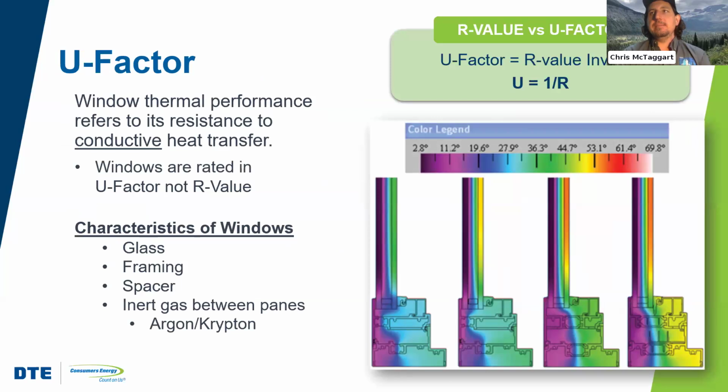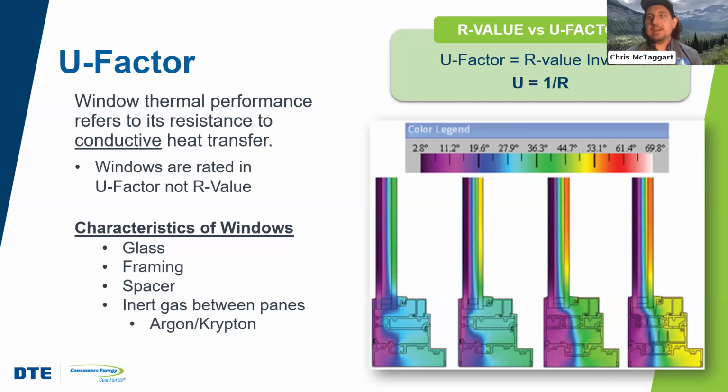That's the first item. Up here in the top right, we can see that U factor is the inverse of the R value. 1 divided by the R value gives you the U factor and vice versa. That's why I said a code window of 0.32 is about an R3, because 1 divided by 0.32 gives us, in essence, R3.